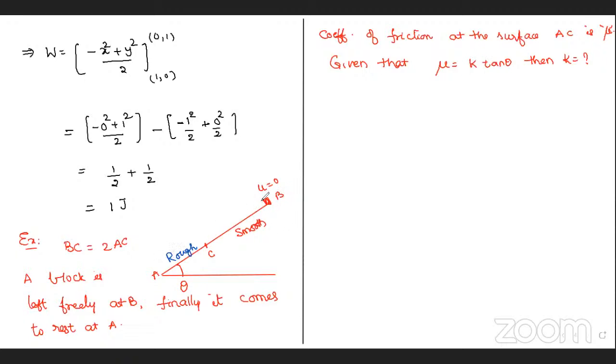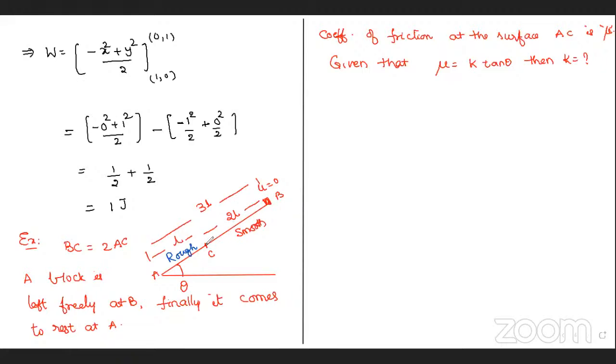Now you understood the question? This is smooth. It is rough. I will give some hint also. Total length, suppose you take it as 3L from top to bottom, you can take this as 2L and that is L. Why? Because BC is 2 times AC.